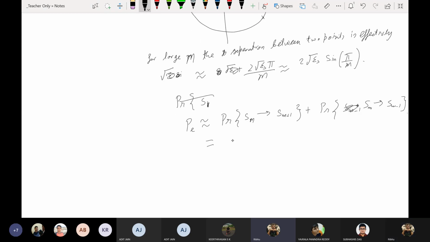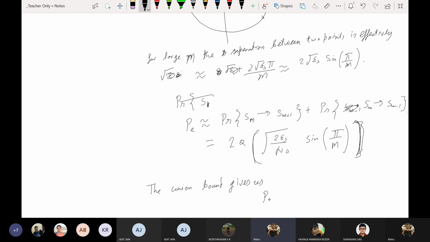This equals 2Q of this beast. So the probability of error is approximately equal to this, and the union bound, this piece.